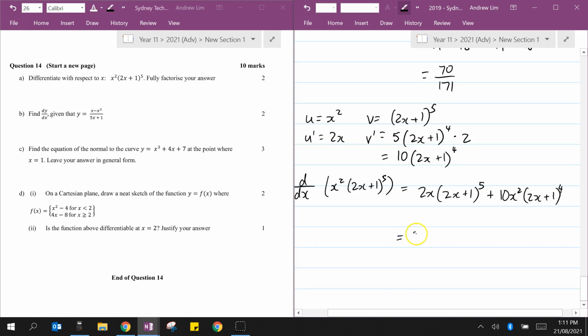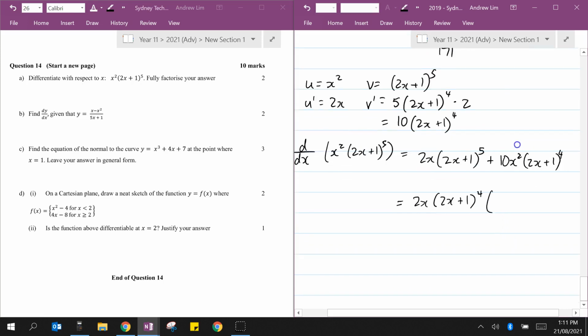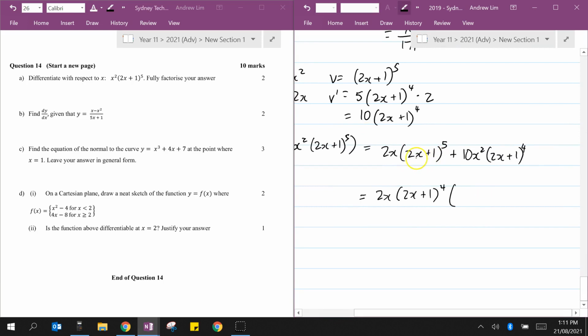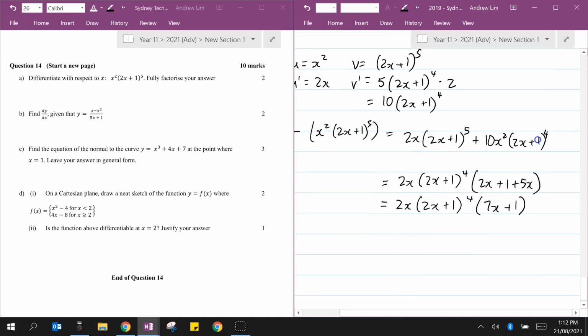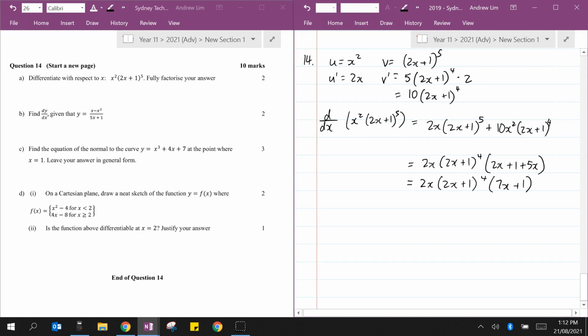So I'm going to bring out 2x and 2x plus 1 to the power of 4. That leaves me with one lot of 2x plus 1 here, and it's going to leave me with 5x here. I'll just tidy that up. So that leaves me with 7x plus 1. Alright, that's question A.